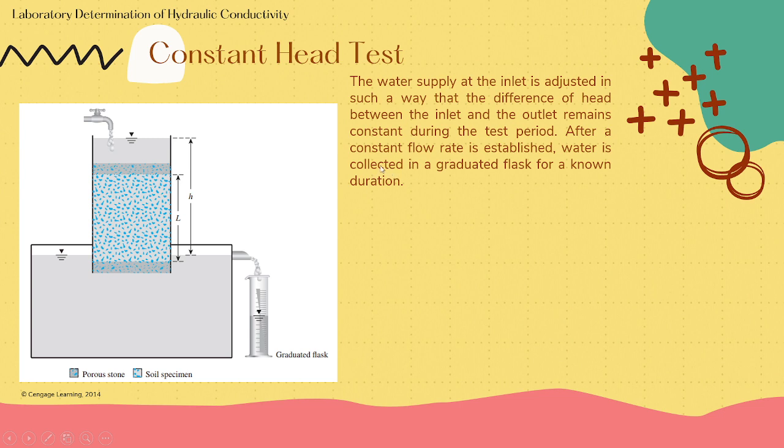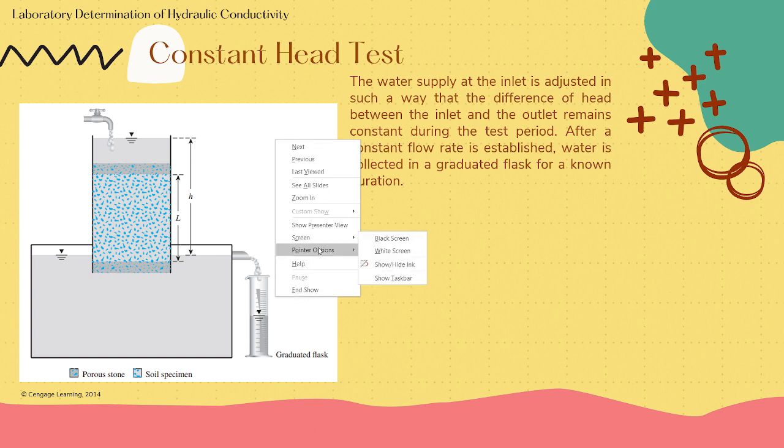When the constant flow rate is established, the water is collected in a graduated flask for a known duration. So how do we write this mathematically?